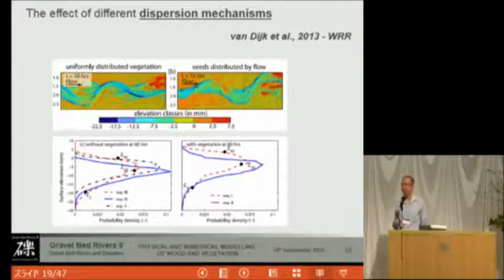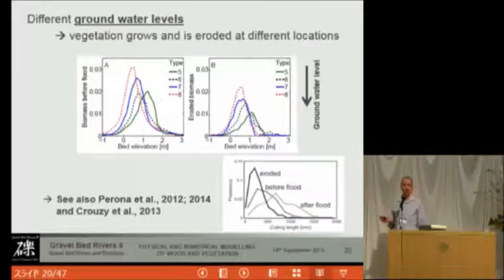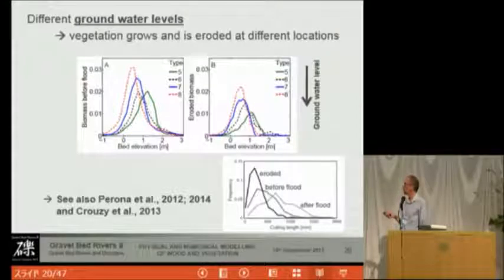And as these authors pointed out, this can have an impact on the morphology, so on the bed frequency distribution of your river. Another thing that you can study with this model, and that has a good comparison with recent field and laboratory data measured by the group of Paolo Perona, is where vegetation grows, for example, here as a function of the groundwater level. Going from the red dashed line to the green one, you decrease your groundwater level.